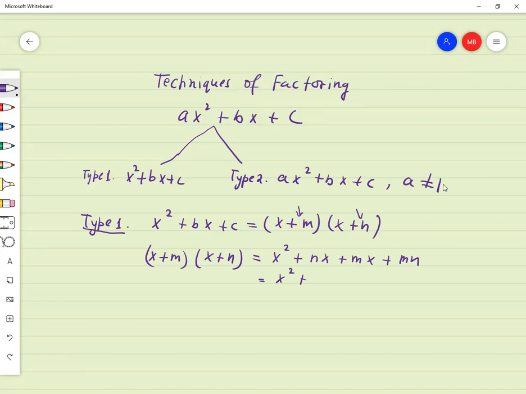We can combine the middle two terms. We can factor x from these two terms. So it will be m plus n times x plus mn. Now, this last polynomial must be equivalent to our original polynomial x squared plus bx plus c.